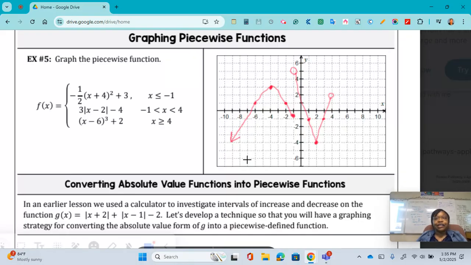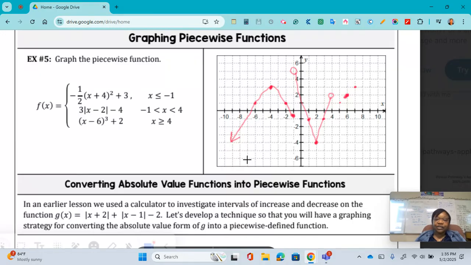That -6, because it's on the inside with the x, does what with the function? Goes to the right 6, because that moves opposite. So we need to go up 2 and to the right 6, and that's where our middle point of our cubic function would be. And then we can do our other points for that function. And it will make some type of x.